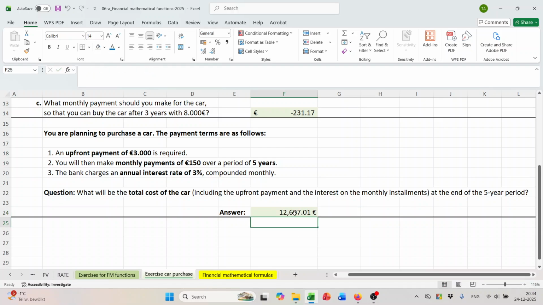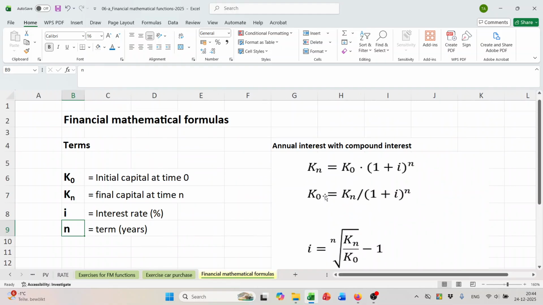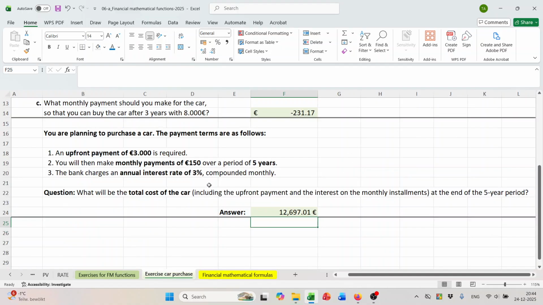So this is the cost of the car. This is just the formula. If you want to calculate this in the calculator, you can do it for this problem. So this is all for the financial functions.